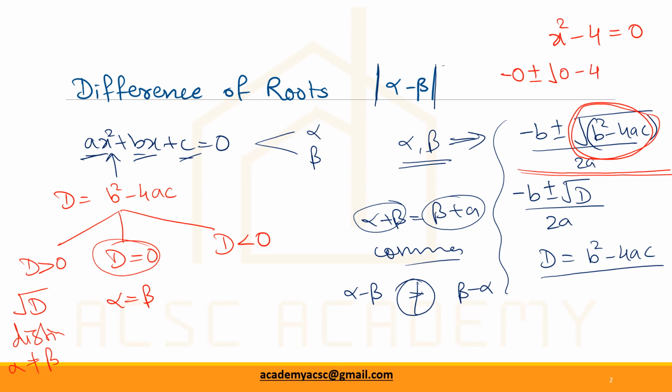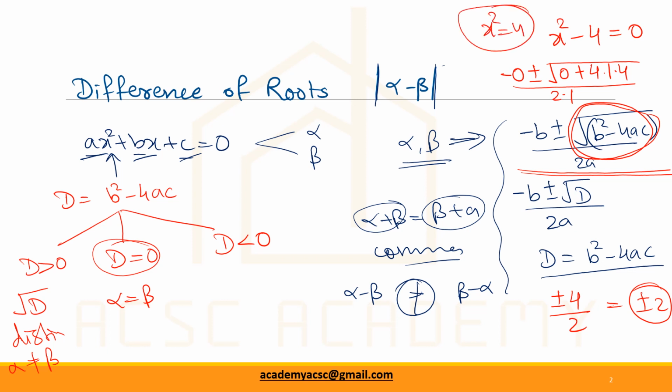What is a? It is 1. And what is c? Minus 4. So this is what it becomes upon 2a, which means 2 times 1. So that gives us plus and minus of root 16, which is 4. So plus minus 4 by 2, which is plus and minus 2. And that is what we know would be the value of this. X squared equal to 4 will have two roots, plus 2 and minus 2.